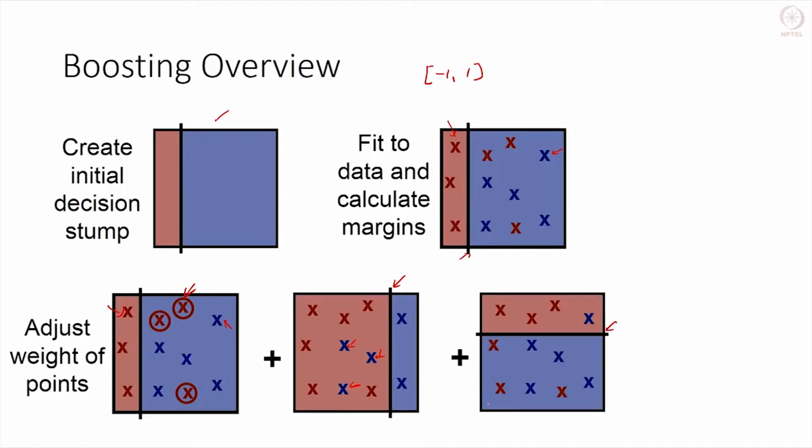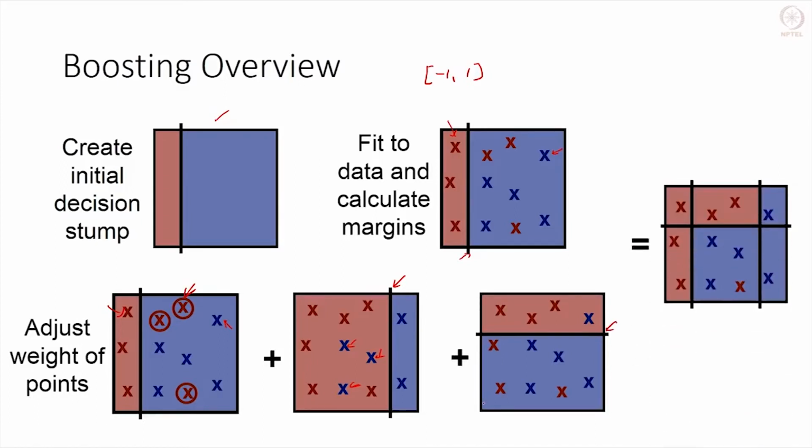So, the output of boosting is the sum of all these boundaries of all these classifiers. We will call them G1(x), G2(x), and so on.